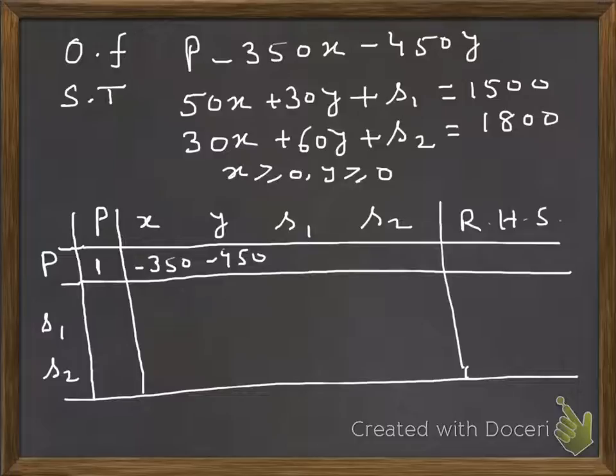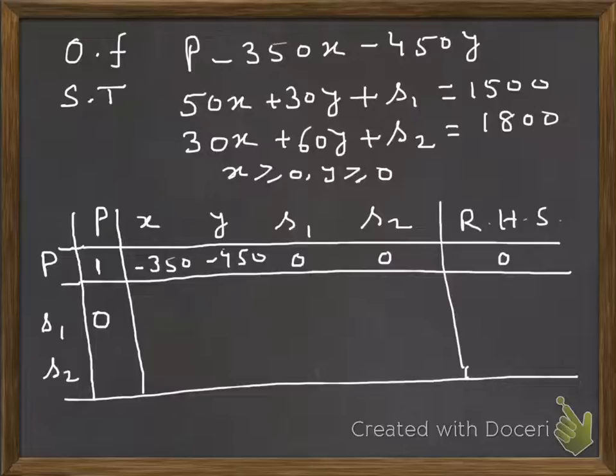Coefficient of S1 in P line is 0, as you can see, S1 is not present there. Coefficient of S2 in P line is 0. Right hand side there is nothing, 0. For S1 row, look into the S1 equation, which is 50x plus 30y plus S1. Coefficient of P in S1 line is 0.